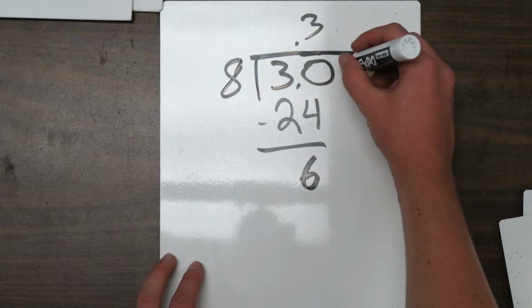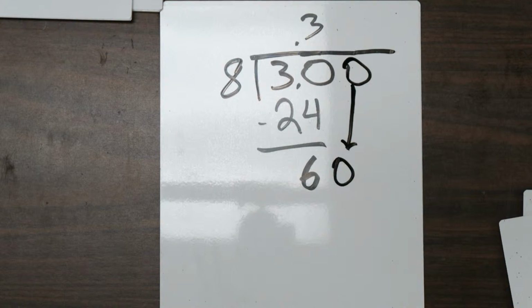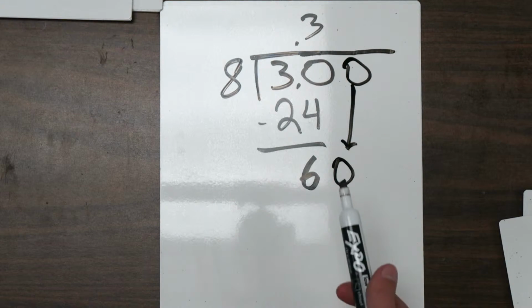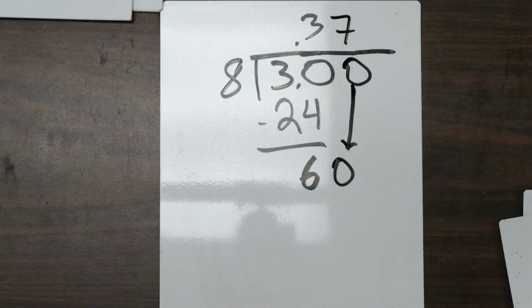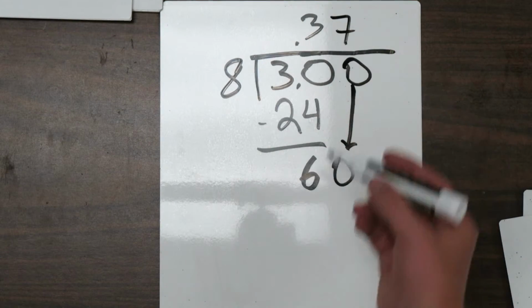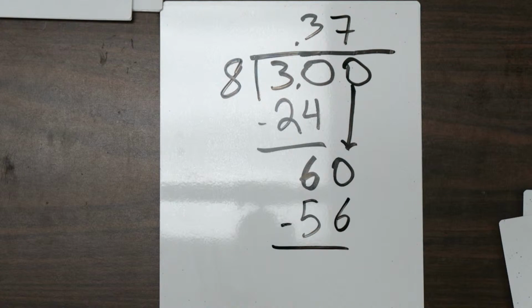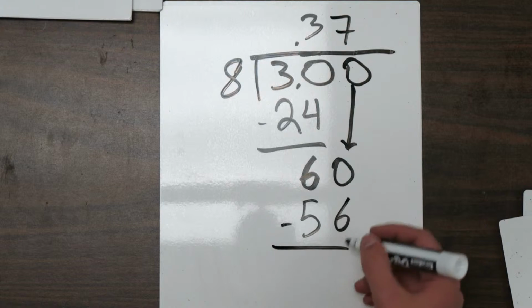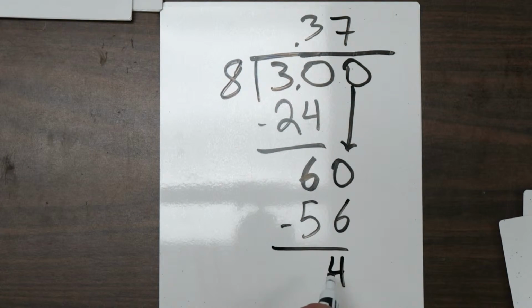So I'm going to come up here, add another 0, and drop it down. Now I think about how many times 8 goes into 60. Well, it goes into it 7 times. And 8 times 7 is 56. Then I subtract to find out again what's left over. 60 minus 56 is 4. 8 does not go into 4.